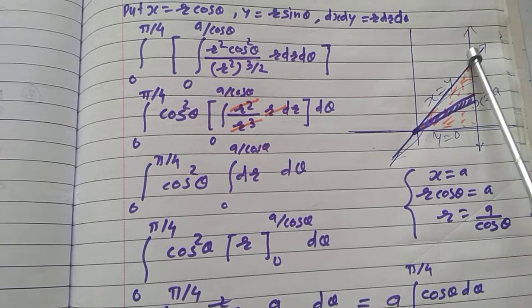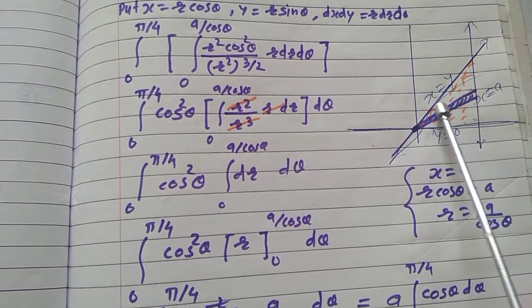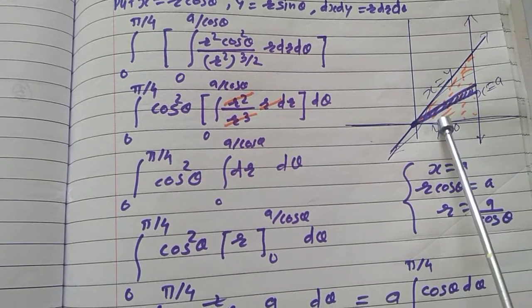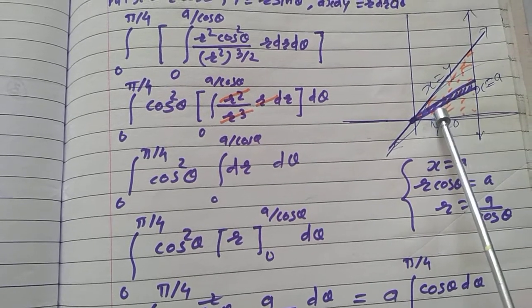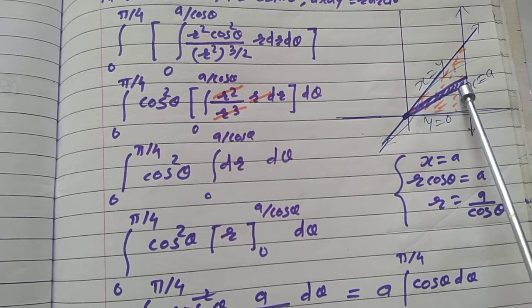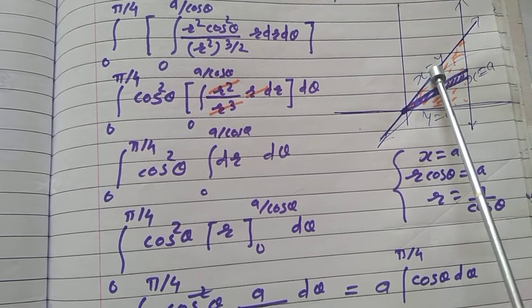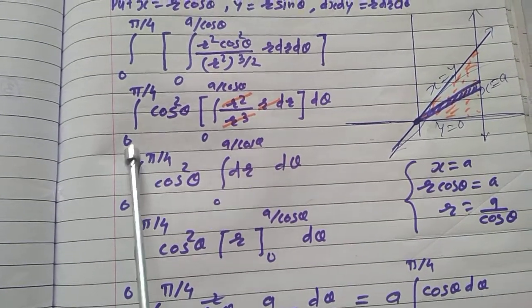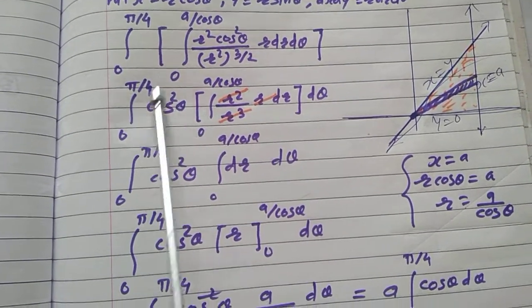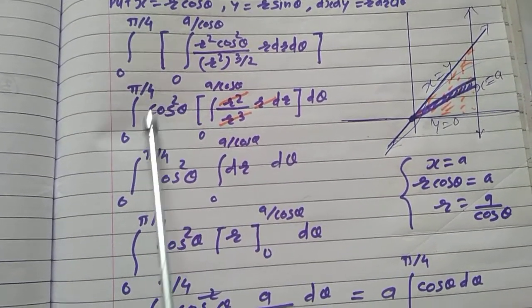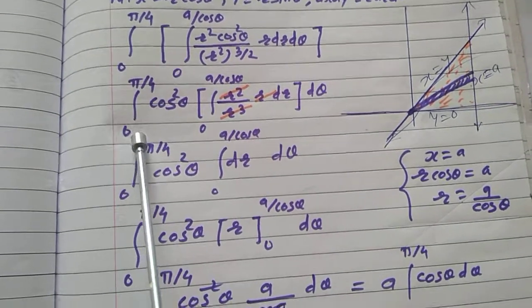The line x is equal to y always makes 45 degrees, meaning pi by 4 angle, to the x axis. What is the lower angle when this strip comes to the y axis? 0, and the maximum angle is 45. That's why 0 to pi by 4. I had forgotten how to write the limit of theta.